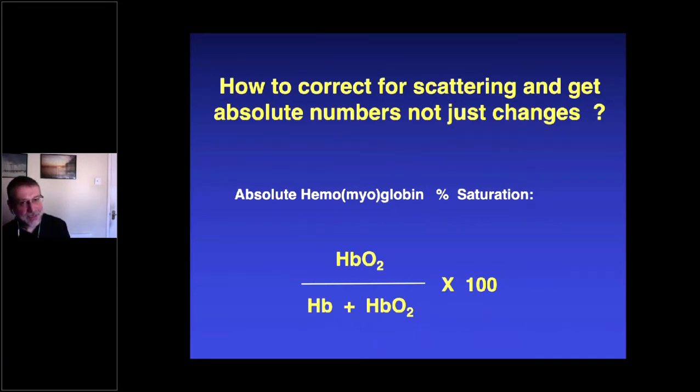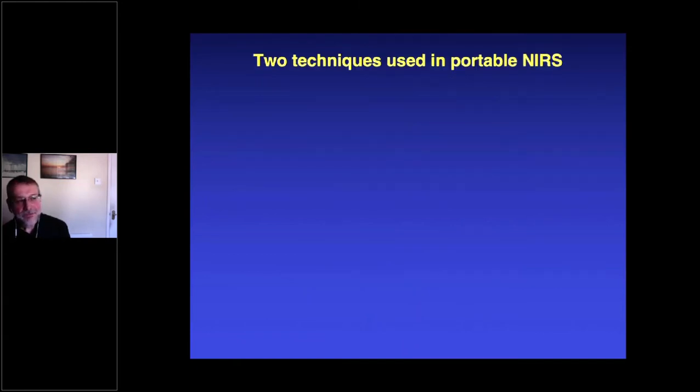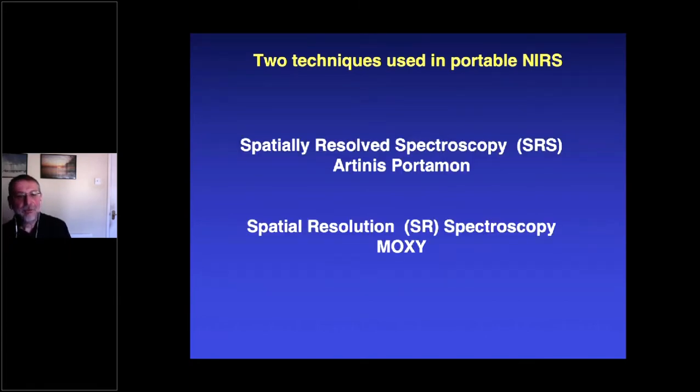So how do you correct for the scattering to get these absolute numbers, not just the changes? And there's a range of ways of doing that. If you've got a very expensive machine, 30, 40,000, 100,000 pounds, you can do that. In portable near-infrared spectroscopy, there's really only two methods that have been used, or two types of methods that are used. Unfortunately, they've both got almost similar acronyms.